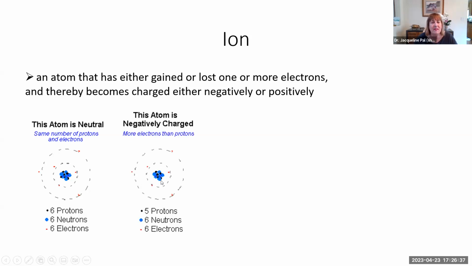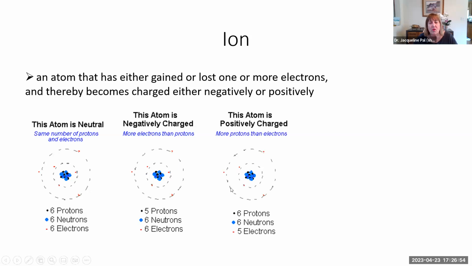So if we look at this one, which now has more electrons than it does protons, that means it's going to be negatively charged. And compare it to this third one, which is showing it has less electrons than it does protons, meaning it's going to be more positively charged.